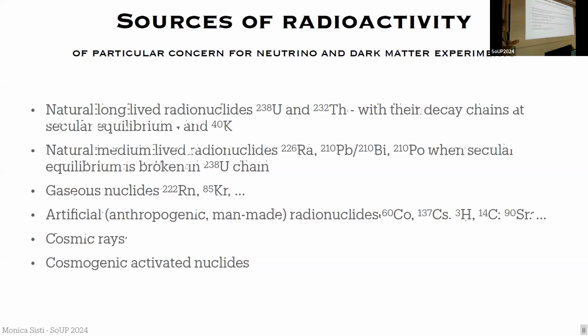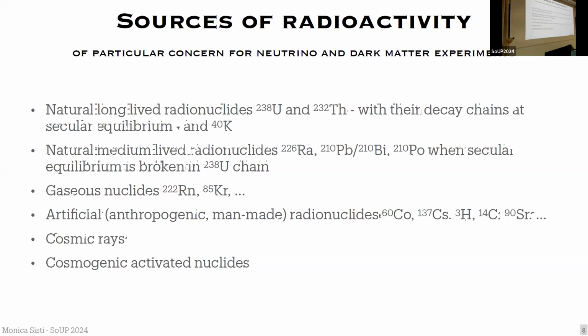Then we have gaseous nuclides, radon-222, again a daughter of uranium-238. We have also a radon daughter in thorium, but its half-life is only 55 seconds. So for this nuclide, it's more difficult to be emanated from materials and to be found alone in the air.